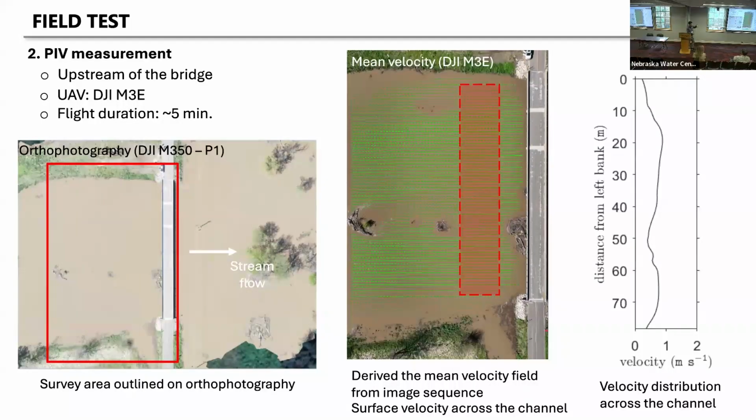We take video. The center figure shows the velocity vectors of the particle movements. So we estimate the surface velocity by averaging those red colored dots, and we can get the velocity distribution across the channel.